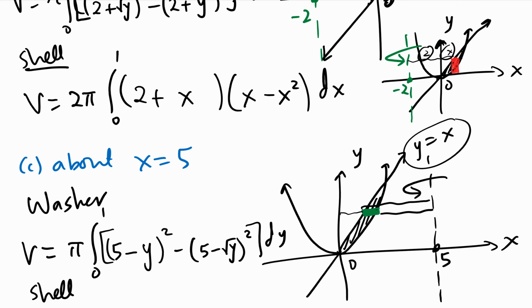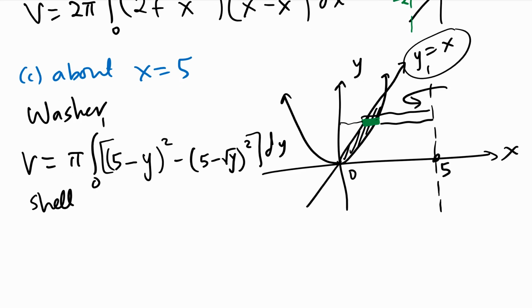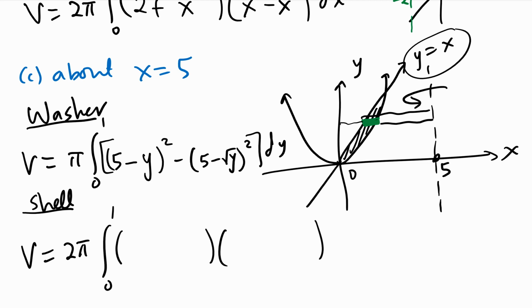Shell method. Volume is 2 pi integral 0 to 1. Three things. We're going to have a vertical rectangle like that, dx. So dx goes in here.